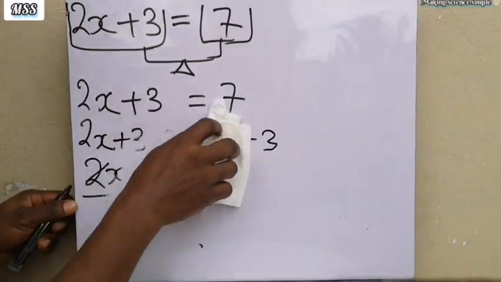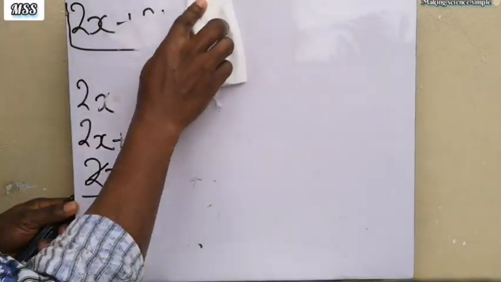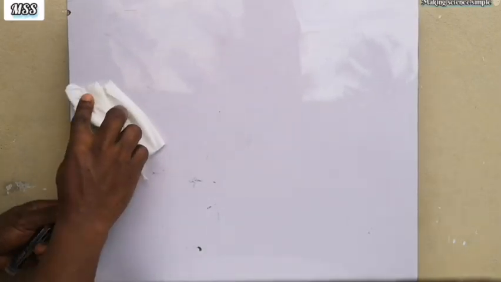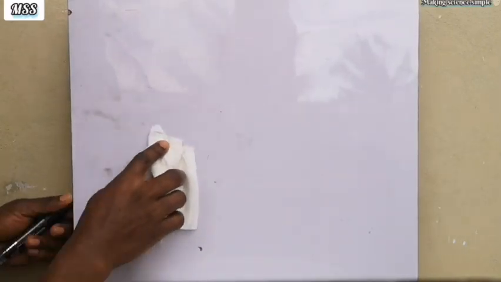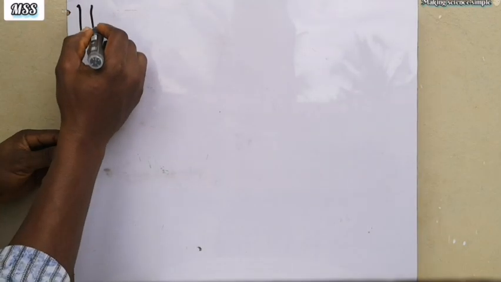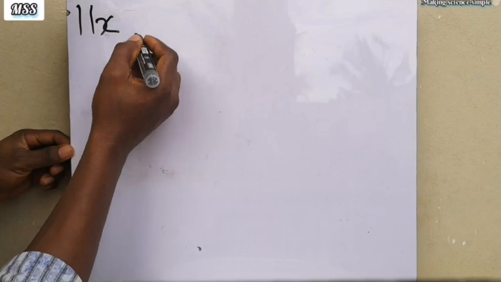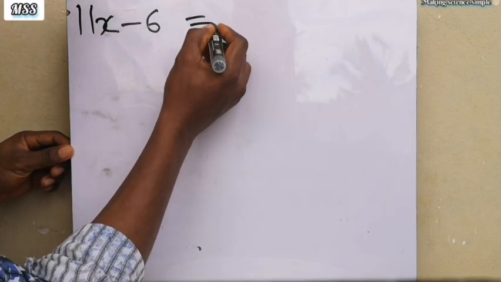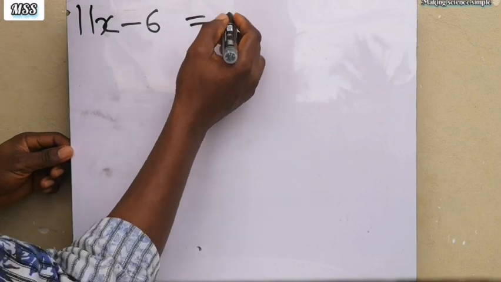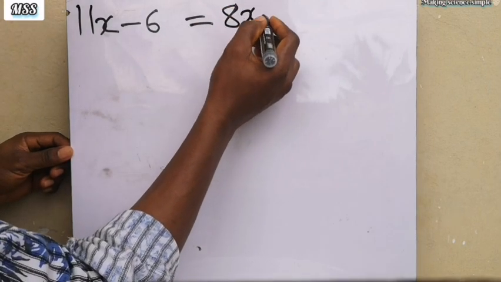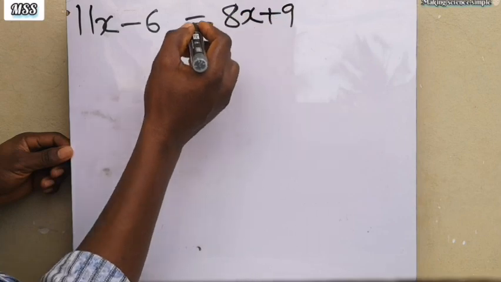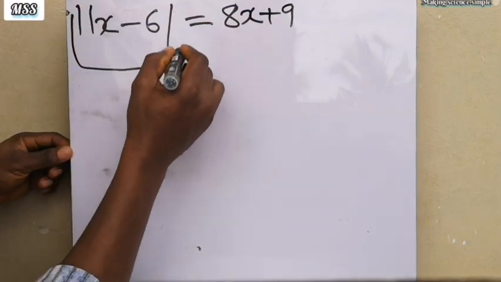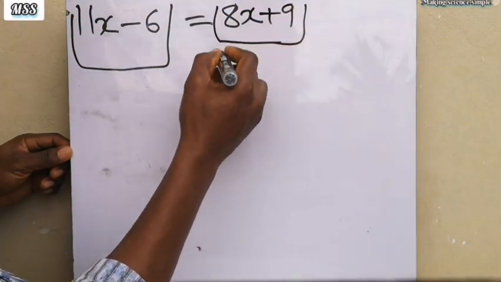let's take the second question. And remember, we are using the balance method. The second one is 11x minus 6 is equal to 8x plus 9, and they are in a balance scale.